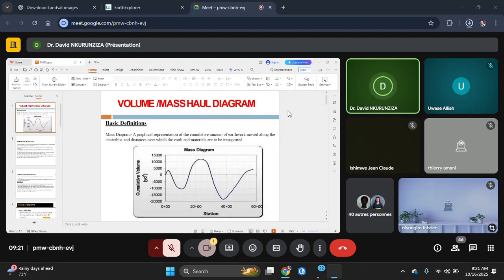The MHD or the mass haul diagram is a curve or a graphical representation used in route surveying for the purpose of visualizing or analyzing the earthwork, or the cumulative earthwork volume that is needed along the whole project, either for cutting or for filling.